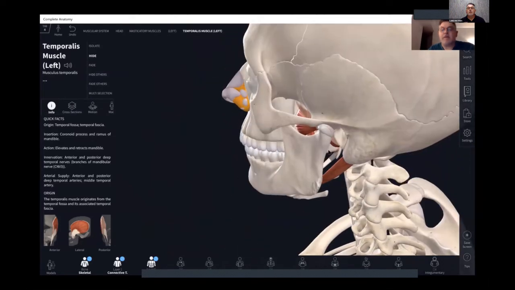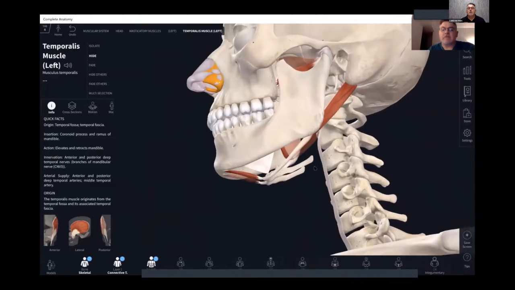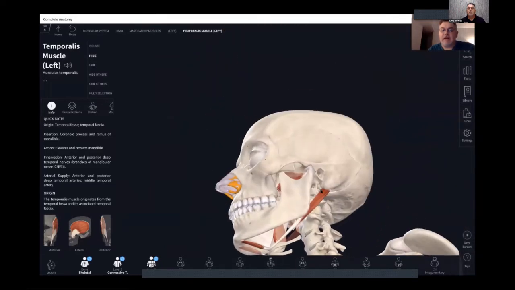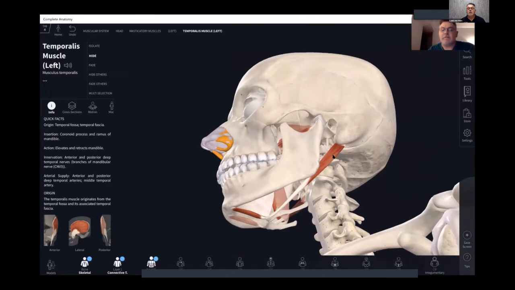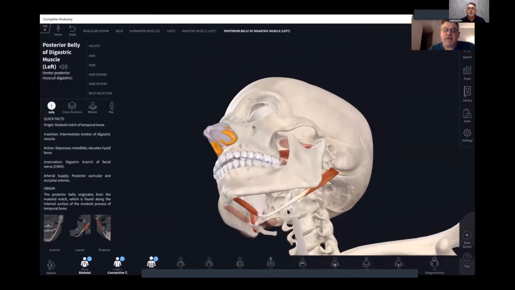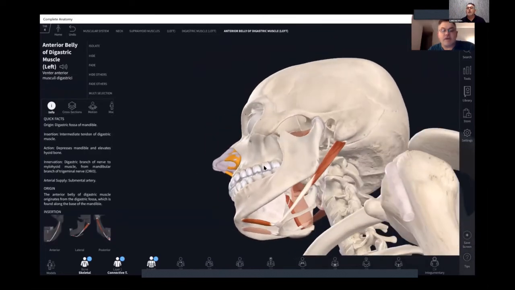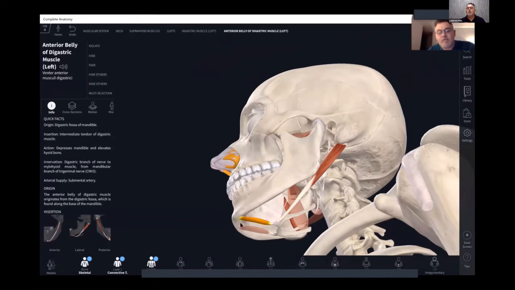So let's go ahead and take temporalis out, and that'll give us a little bit better look for our deeper structures. Just so that we get it out of the way, let's look at the digastric, the anterior and posterior. The posterior belly of the digastric, its origin is onto the mastoid notch of the temporal bone. It attaches through this pulley, this sleeve of the hyoid bone, to then come around to the anterior belly, which attaches to the digastric fossa of the mandible.